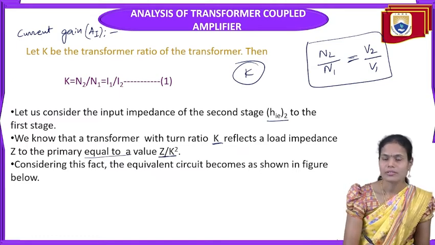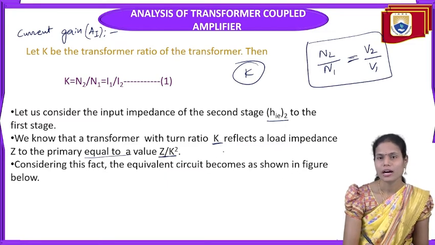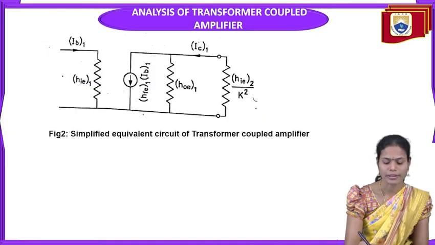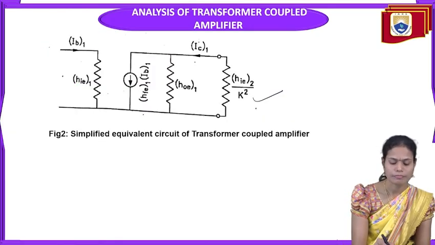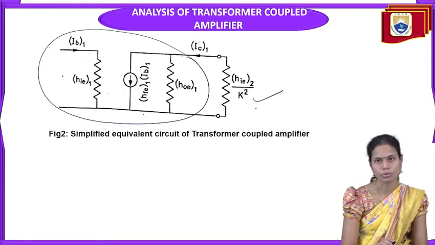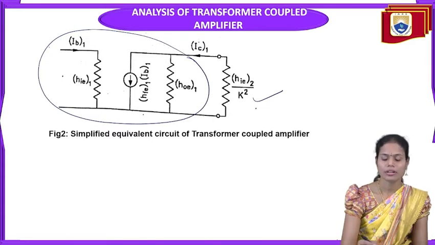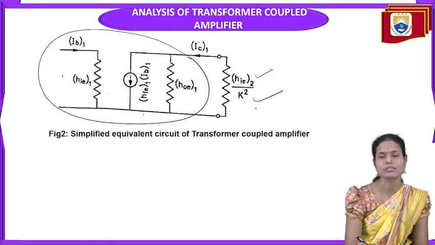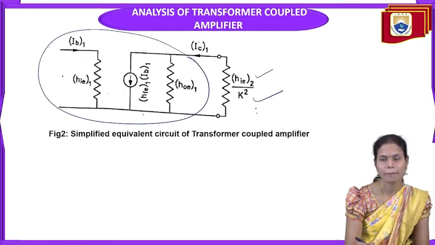After applying this condition, our equivalent circuit will become like this. This overall circuit is similar to the previous circuit as it is, but the transformer we are replacing with hie2 by K square. So this is the simplified equivalent circuit of the transformer coupled amplifier.